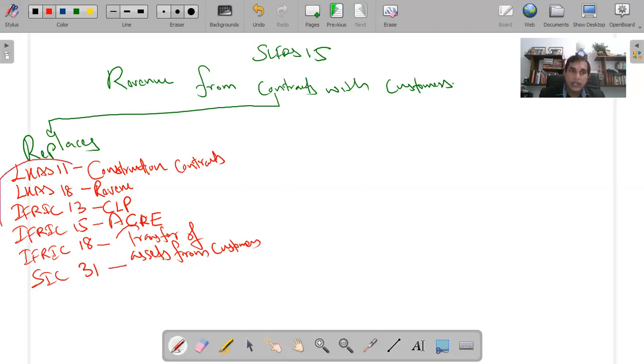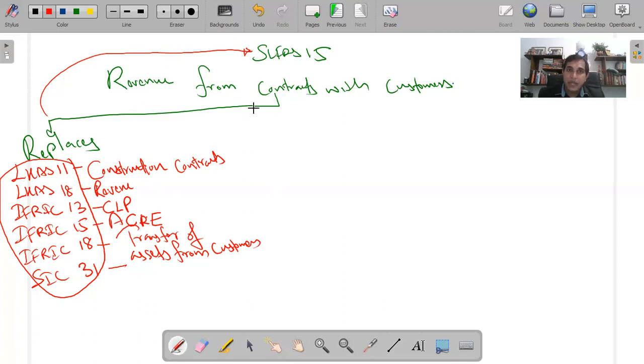So those are the list of standards and interpretations which were replaced with SLFRS 15. With the number of replacements, you can understand the importance of SLFRS 15, because this is the solution for many previous standards, right? Therefore, this standard is very, very important.